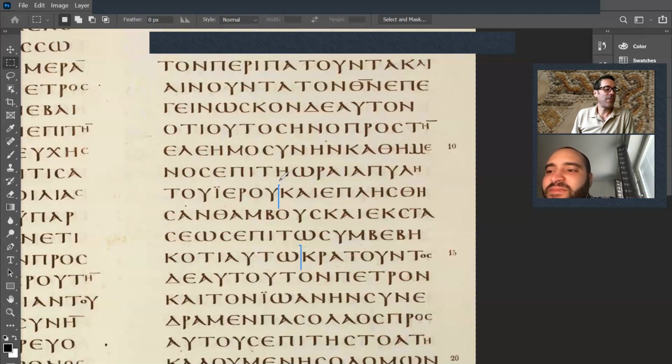I think Codex Vaticanus is one of the easiest because the quality of the photograph, the manuscript itself, and the handwriting is so good. But we could try different manuscripts. Some of the later ones are hard too, but for different reasons.